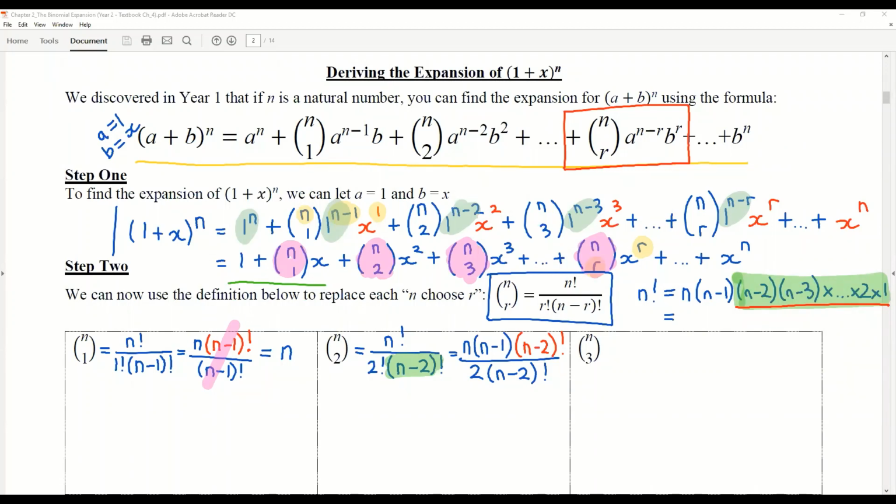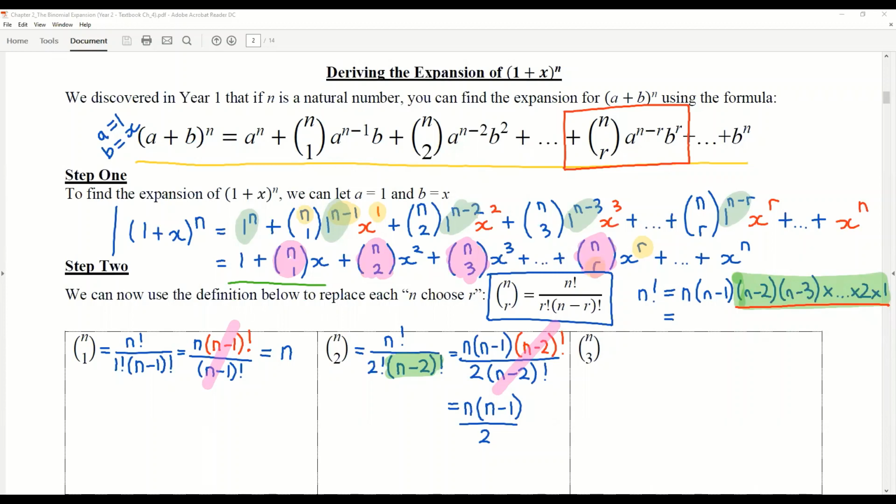And we get the nice cancellation. The n minus 2 factorials cancel. And I'm going to be left with a very nice expression here. It's going to be n subtract 1 all over 2. Now, what I'm going to do here is I'm actually going to leave this as 2 factorial.